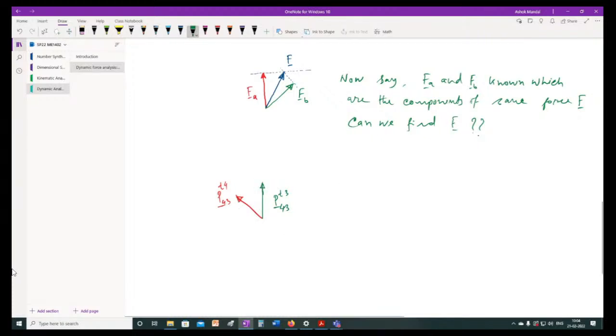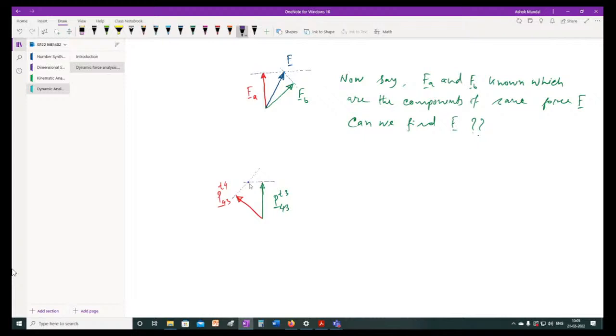From that knowledge, what we will do now is draw lines which are perpendicular to these forces, and those two lines intersect at a point.